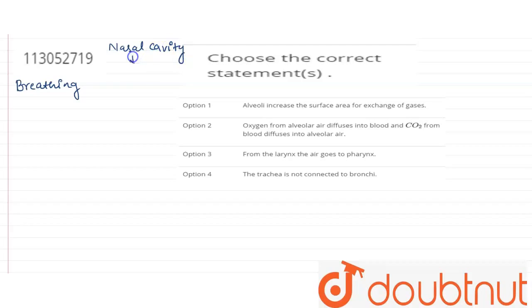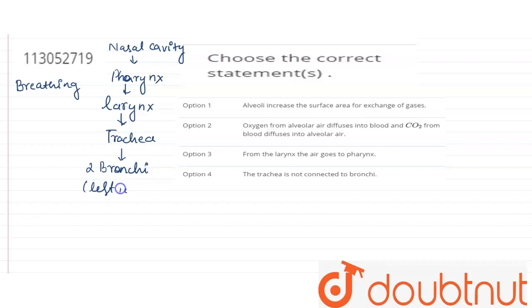From the nasal cavity it goes into the pharynx, from the pharynx it goes into the larynx, and from the larynx it goes into the trachea. Now this trachea gets divided into two bronchi, the one which goes into the left side and the other which goes into the right side.